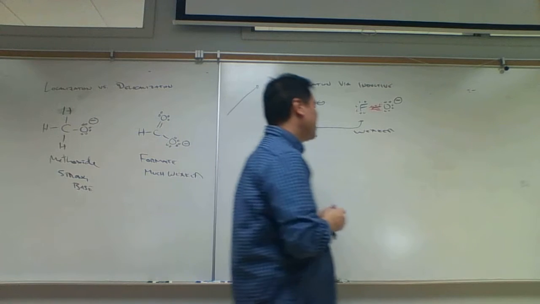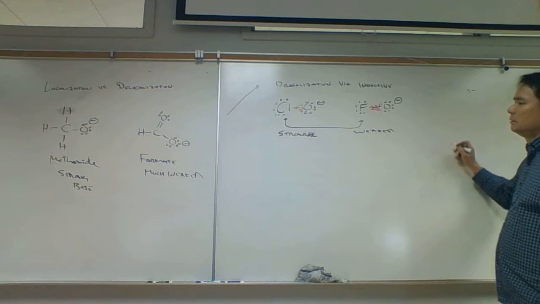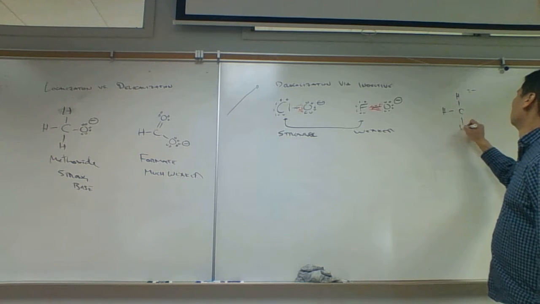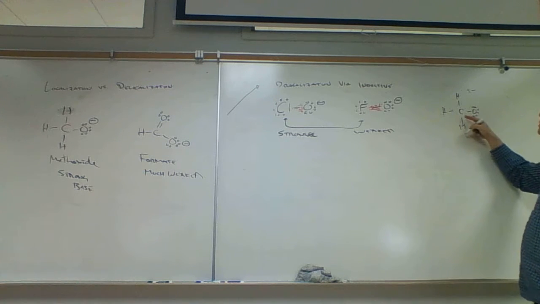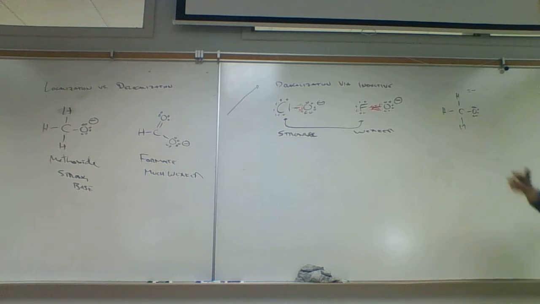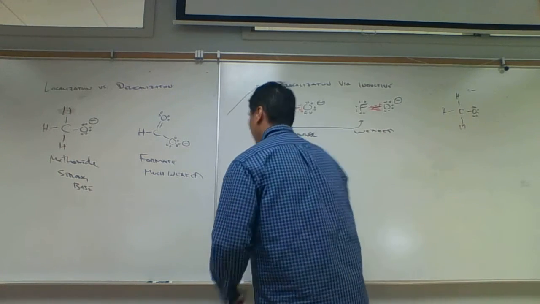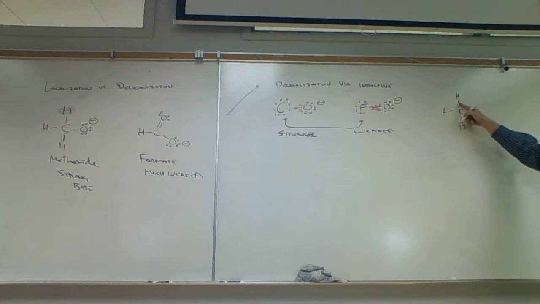And so we can see the same thing here. When we compare methoxide, what's the charge on this carbon? When we look at methoxide, the charge on that carbon is minus 3.